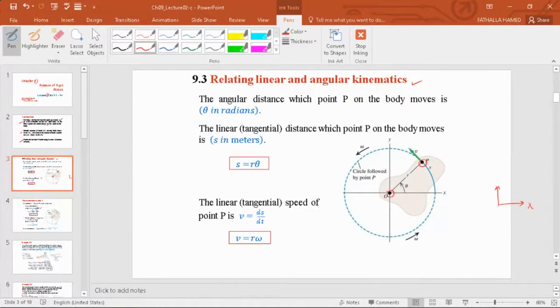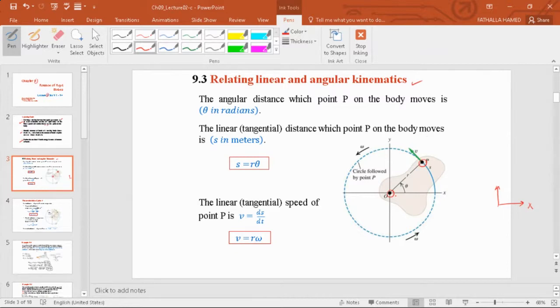Now the body is rotating, so we have a rotation about the axis around O here. So each point on this body will rotate through the same angular position theta, and it will have the same angular velocity omega, and it will have the same angular acceleration alpha.